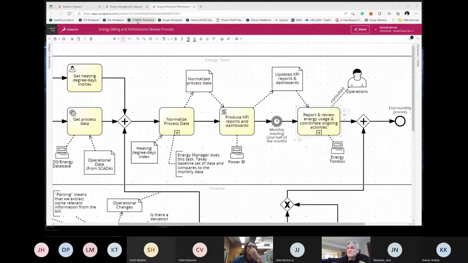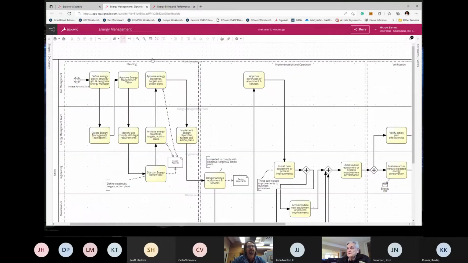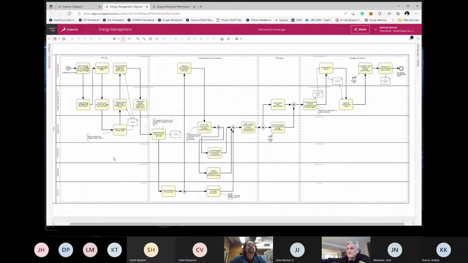Okay, so as I mentioned at the beginning, we did have a model that came from the literature. I'm going to first show this whole thing in its entirety, but I'll blow it up here.